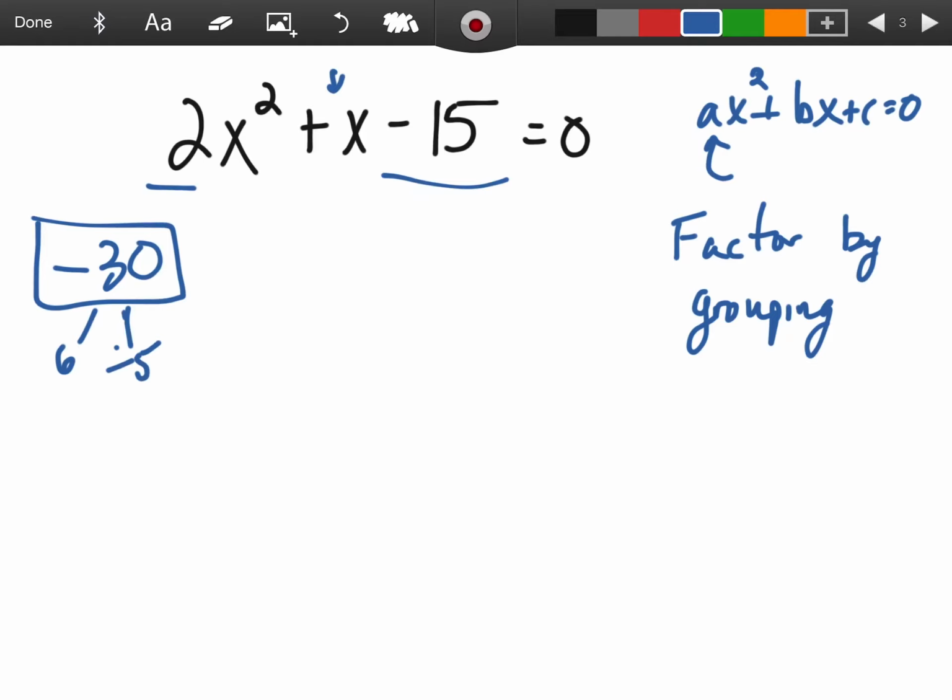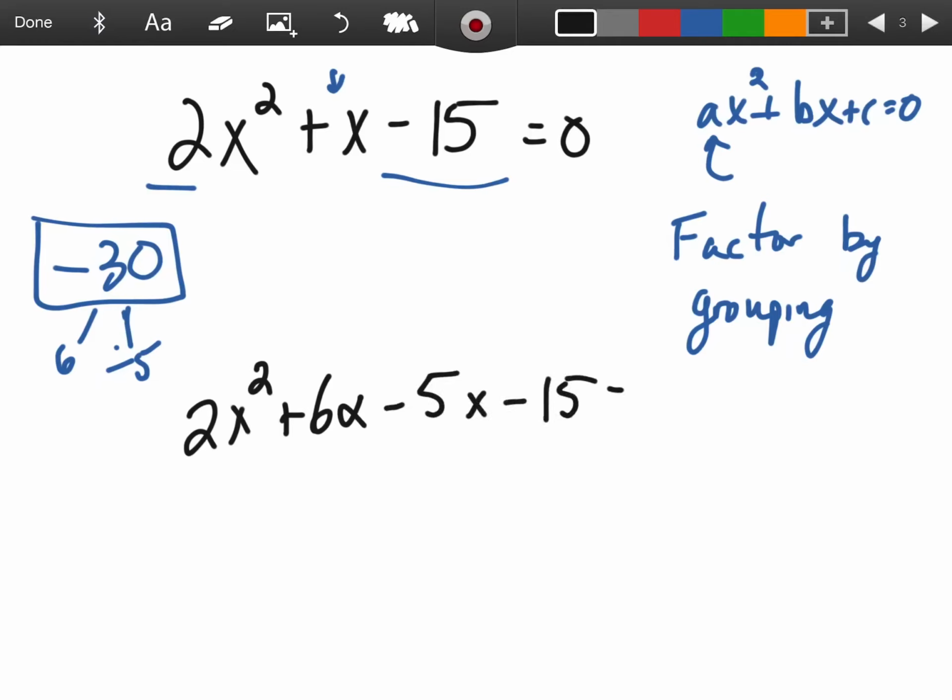So what I do then is I'm going to split up this plus 1x into plus 6x minus 5x. So this gives me 2x squared plus 6x minus 5x minus 15 equals 0.